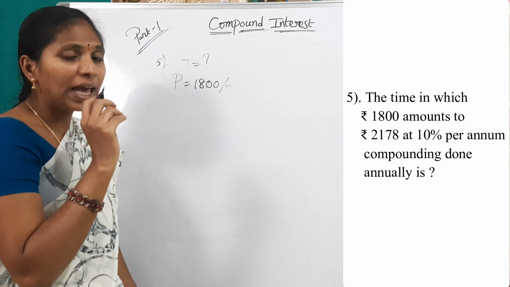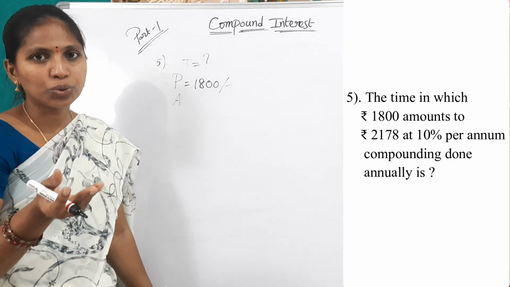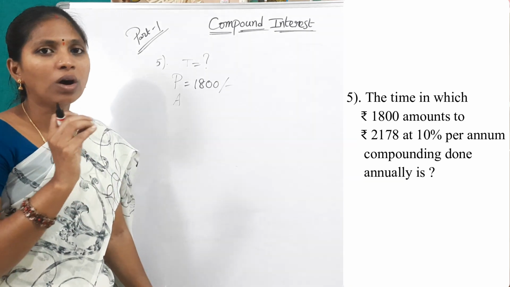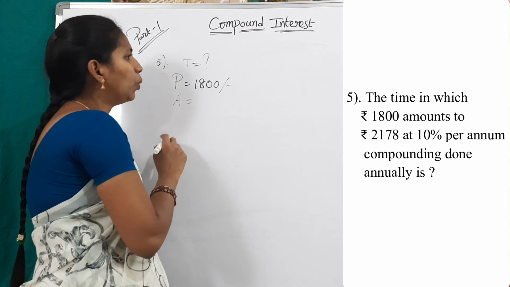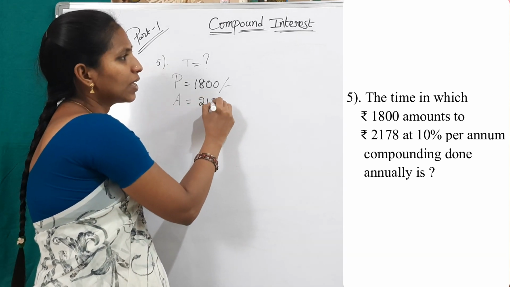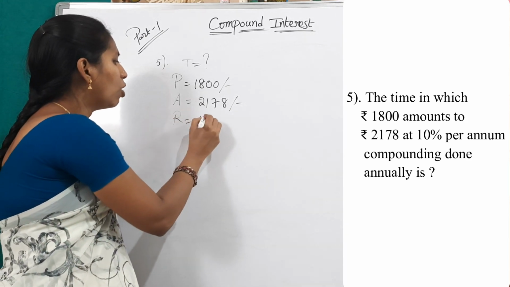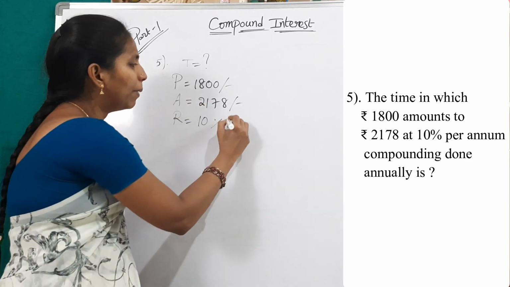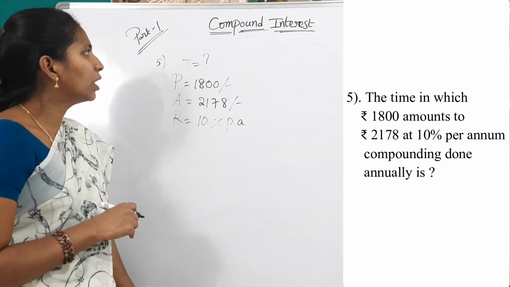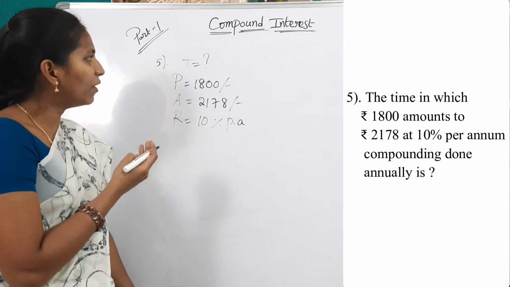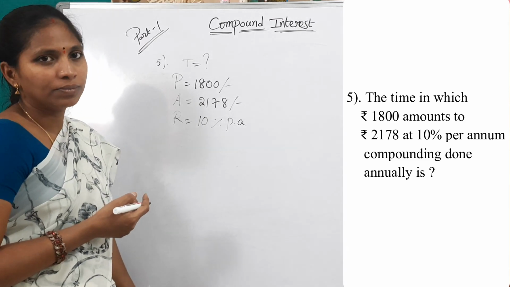Amounts to means amount value. Amount, becomes, amounts to, and maturity amount, all these are for the amount. Don't be confused. A equals 2178. Rate of interest R equals how much? 10% per annum, compounded annually. We should find out the time. By using the formula we can find out. But I don't want to use a formula.